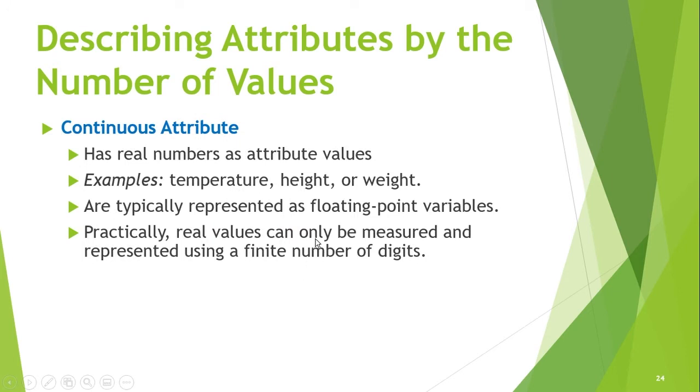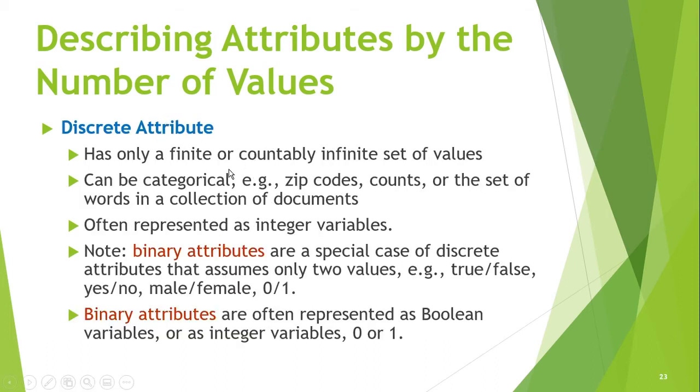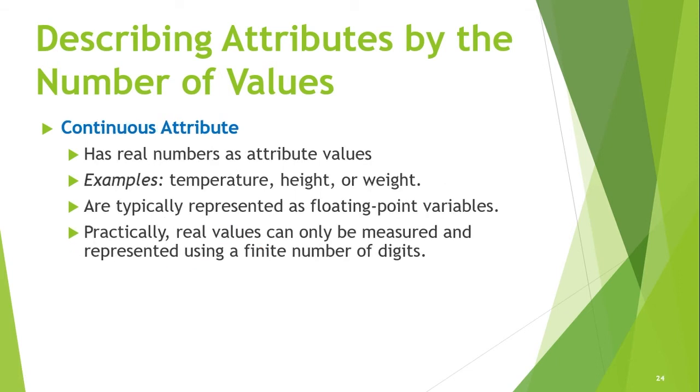Continuous attribute has real numbers as attribute values. So, when you say real numbers, lahat ng klase ng numbers kasama dyan. Yun doon sa una natin, discrete attributes, these are integers only, whole numbers, 1, 2, 3, 4, 5, counting numbers lang. Finite. Pero pag sinabing real numbers, kasama lahat dyan, may mga decimals pa kung gusto mo, fractional parts, etc. Example niyan, temperature.